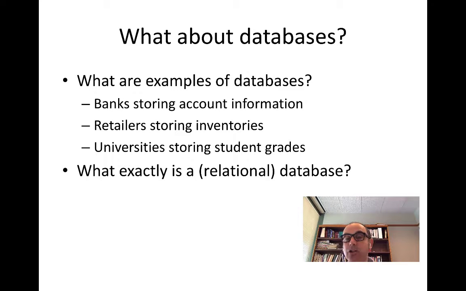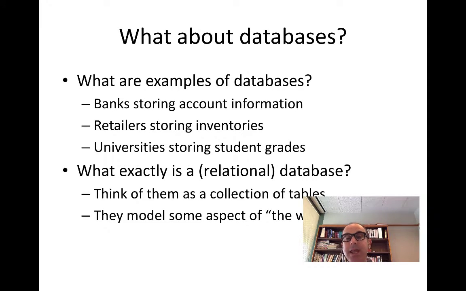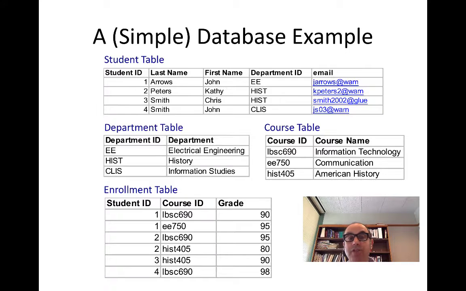All of it is part of a database. So what is a database? Think of it as a collection of tables. That's a model of an aspect of the world. What is a representation of the world?